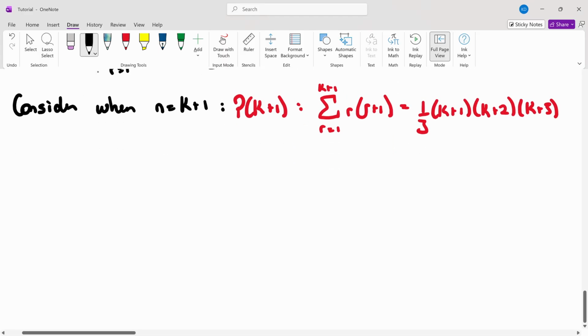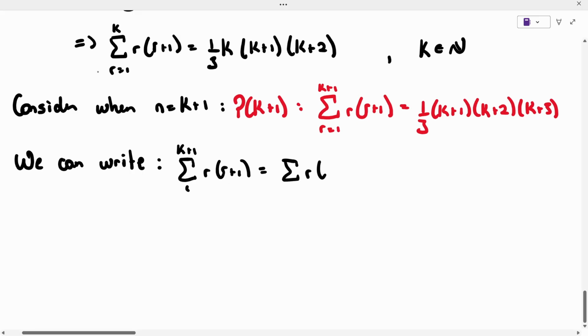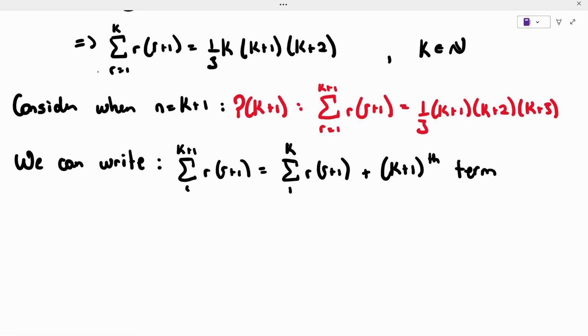So we can write the summation of r into (r plus 1) from 1 to k plus 1 is actually equal to the summation of r into (r plus 1) with r from 1 to k, plus the (k plus 1)th term, right? Because this is a summation. The summation of the first three is the first plus the second plus the third.